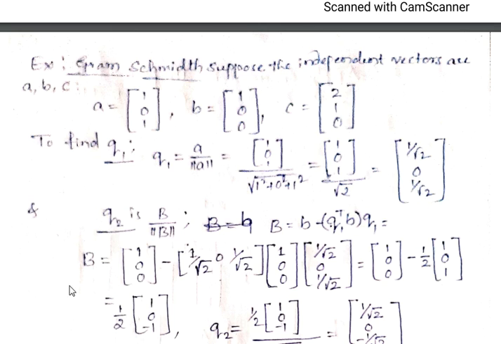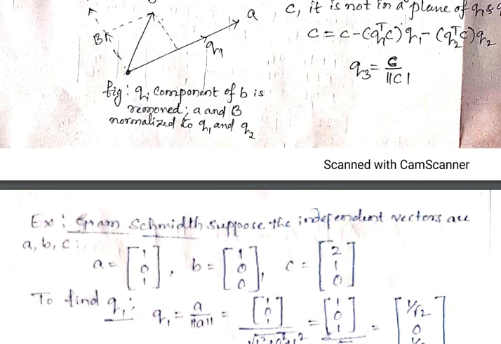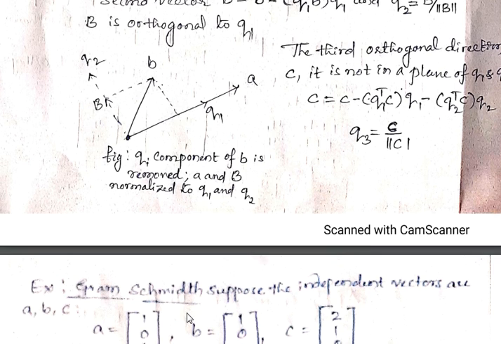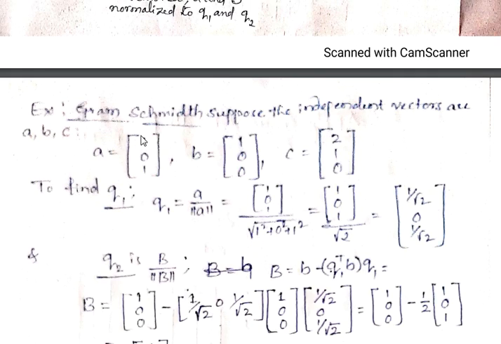Then how to find Q2? First, let's understand Q1. Let's say we have three axes: x-axis, y-axis and z-axis. We know they are all perpendicular to each other. But our A is not directed along any particular axis.